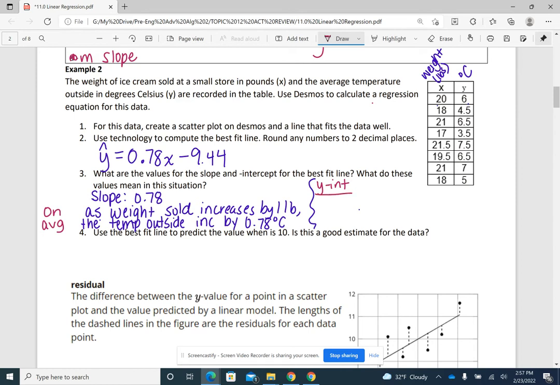The y-intercept in this case is 0, negative 9.44. Remember, 0 is the weight, and negative 9.44 is the degree Celsius.